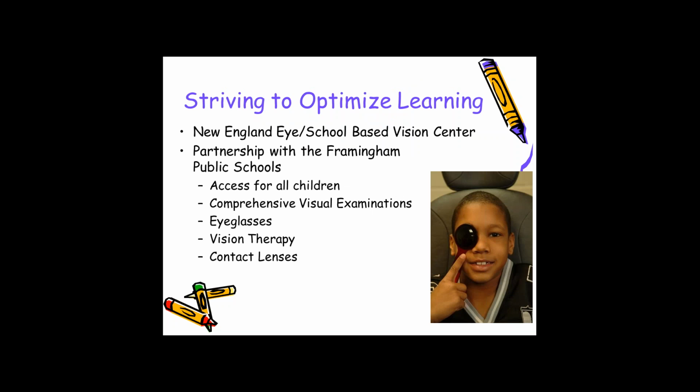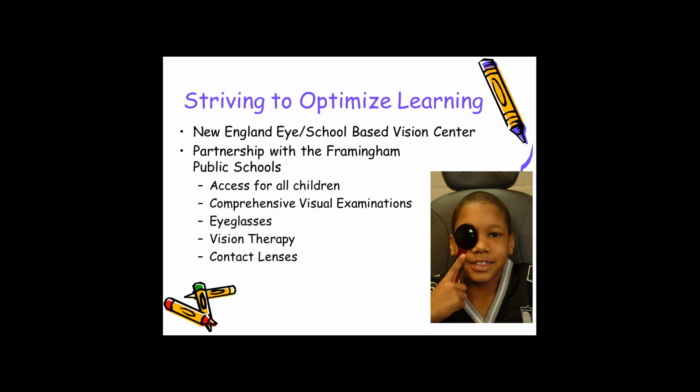The Framingham School-Based Vision Center was established in 2005. It was a collaboration between the Framingham Public Schools and the New England College of Optometry. And this school-based eye center offers access to all children. We accept most insurances, and through the Affordable Eye Care Program, no child will be turned away for inability to pay.